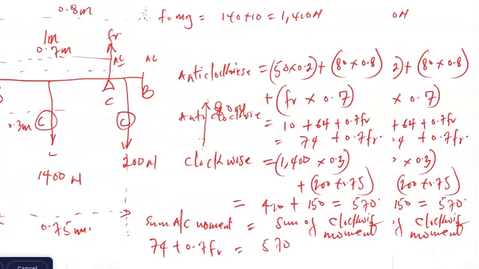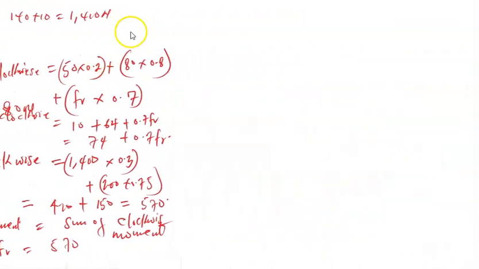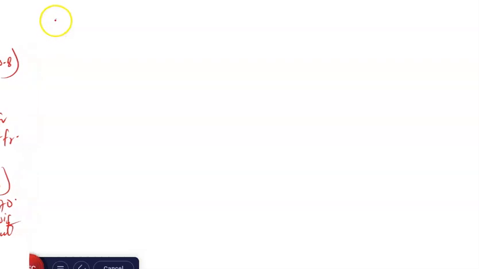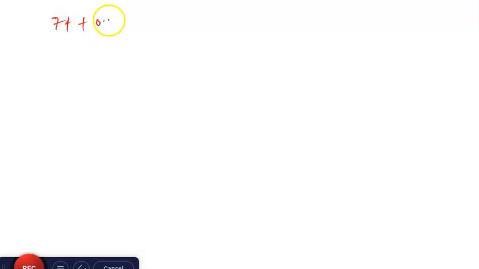Now I can say that my 74 plus 0.7 FR is equal to 570. So that 0.7 FR is equal to 570 minus 74.